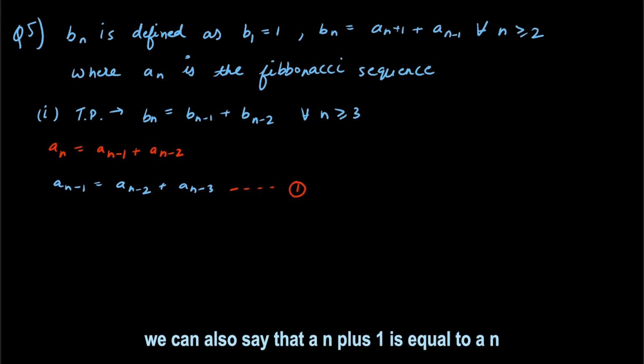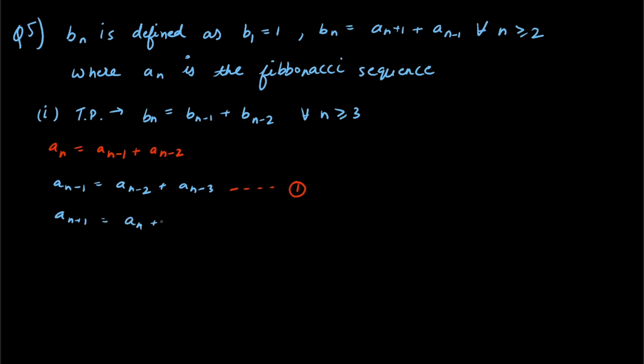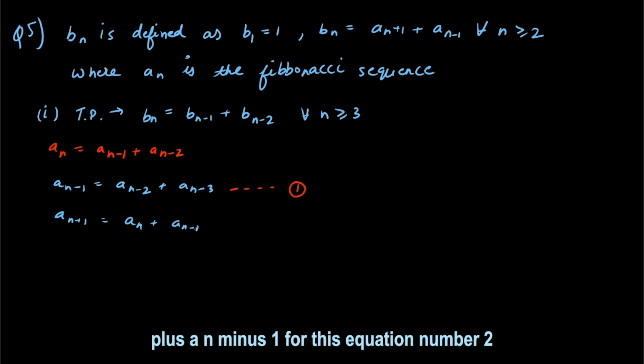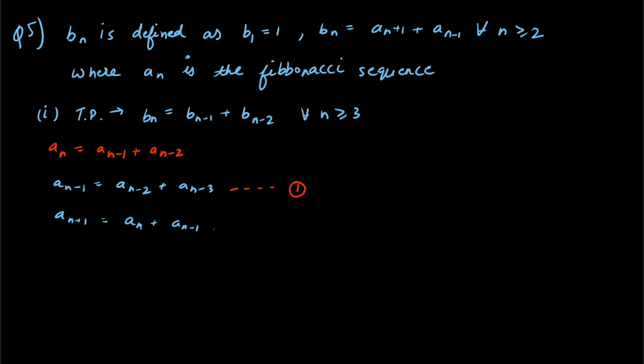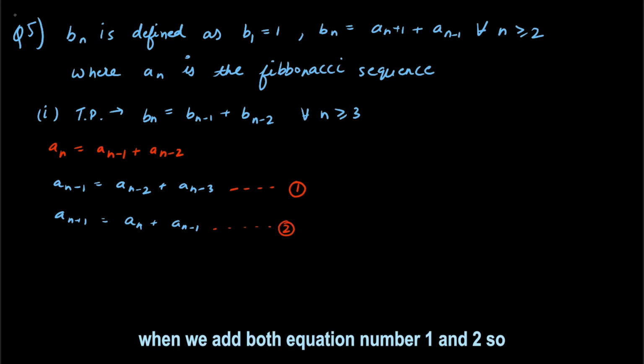And then we can also say that An plus 1 is equal to An plus An minus 1. Call this equation number 2. Then we add both equation number 1 and 2.